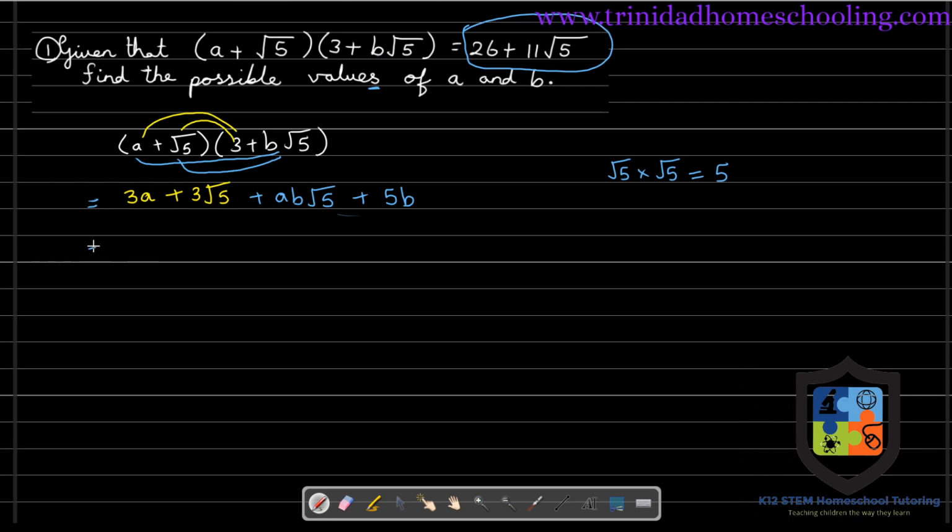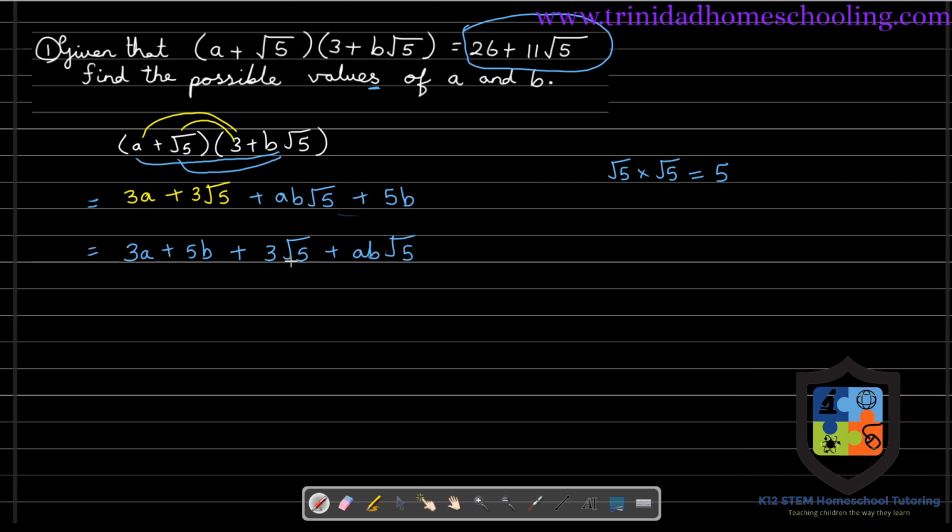So let's rearrange. I'm going to put the terms without the root of 5 on one side, so I'm going to start with 3a plus 5b. Then I'm going to put the other two terms, which are 3 root 5 plus ab root 5.